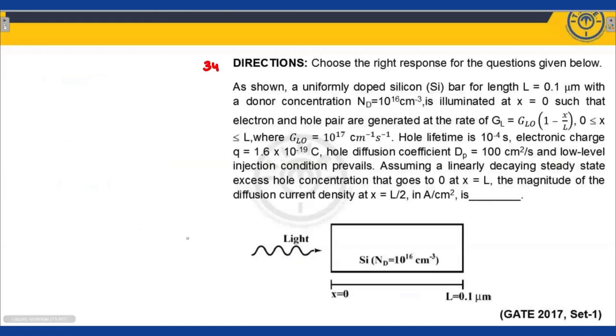Similarly, next question. The question number 34, my dear friends, is also very, very important.